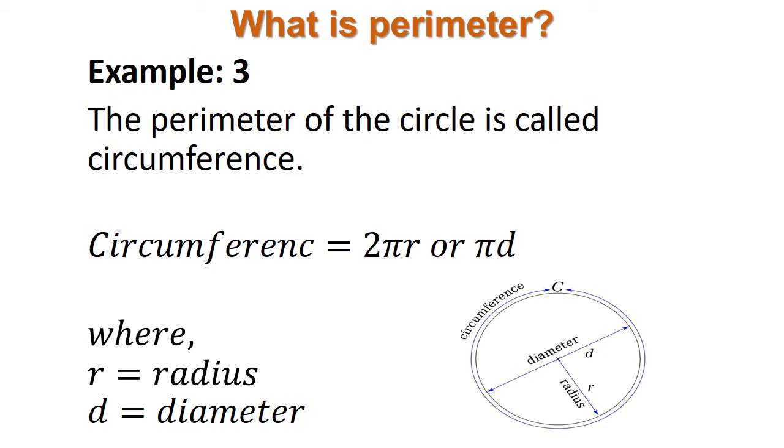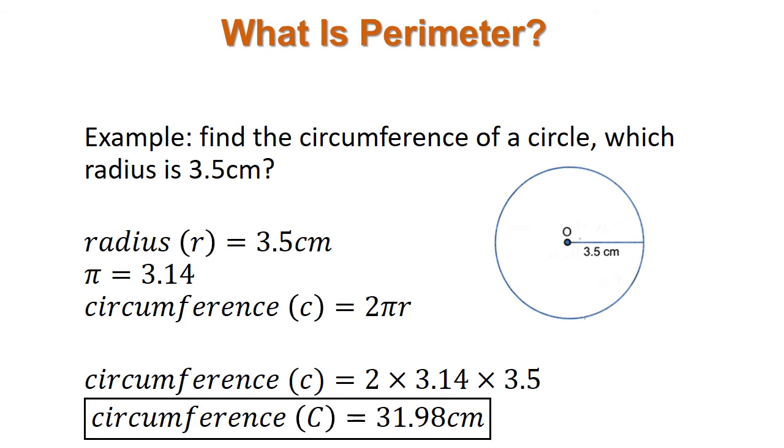What is perimeter? The perimeter of the circle is called circumference. The formula of circumference equals 2 pi r, where r is radius, d is diameter. This is an example.